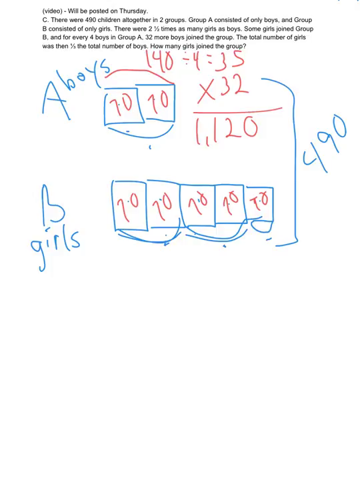Now, at this point, the total number of girls was 1/3 the total number of boys. So that means 140 boys plus 1,120 more boys.